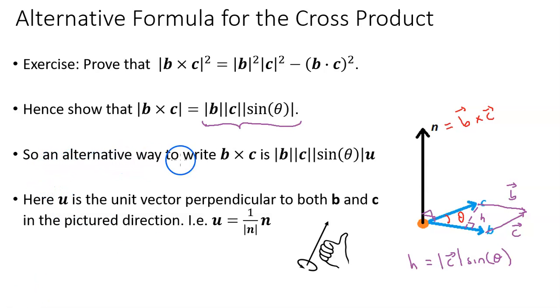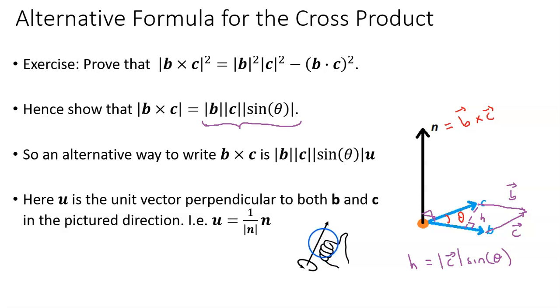And so an alternative way to write b cross c is the length of b times the length of c times sine of theta times u, where u is a unit vector that is perpendicular to both b and c in the pictured direction. In other words, u is the unit vector in the same direction as b cross c.